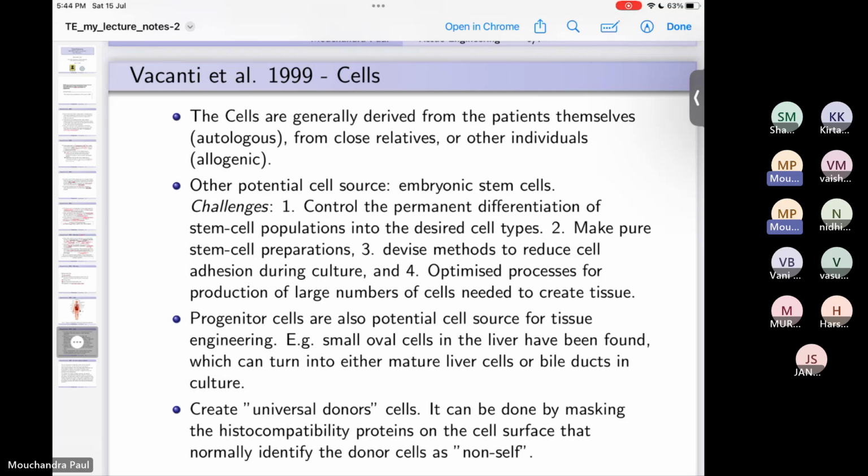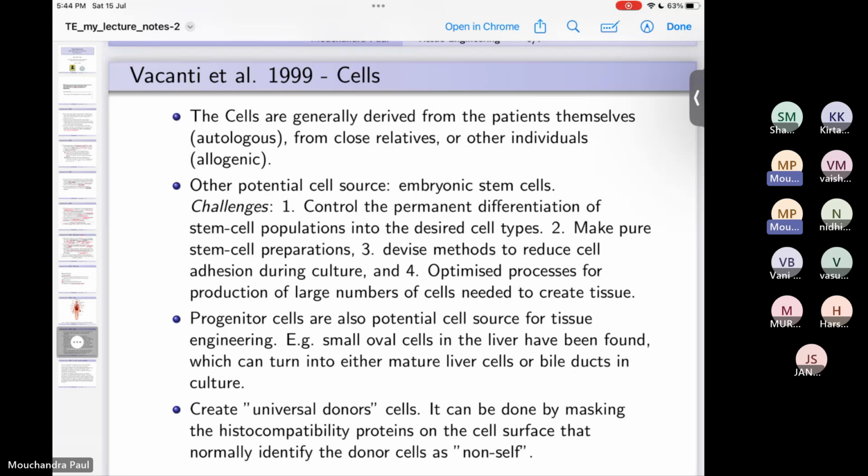So through proper characterization at the molecular level or at the cell surface level, you have to recognize those cells, and then figure out how to separate other cell populations from stem cells. This is a challenge.